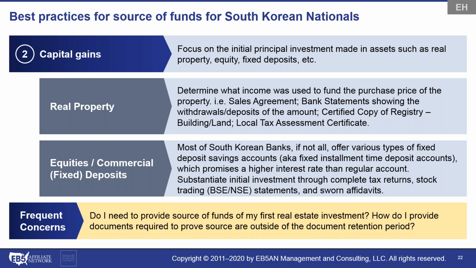And proving the source of the real estate is relatively easy compared to other Asian countries, like I mentioned, because if, for example, the son or daughter inherits this real estate property from their parents, then we have to prove the source of their parents' money to purchase this real estate property.